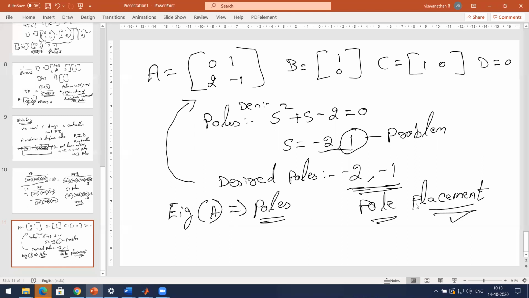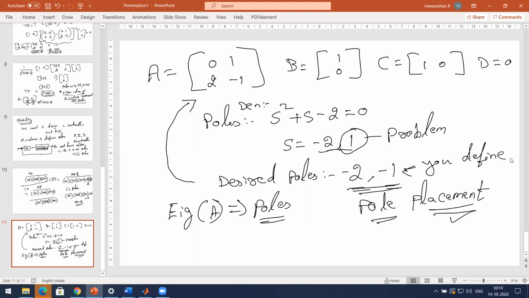How are we going to do it? You are going to modify this A matrix in such a way that the eigenvalues of A will change. Eigenvalues of this matrix will change, which means the poles will change, and that should change to -2 comma -1. So this is the desired pole. You define the desired poles.